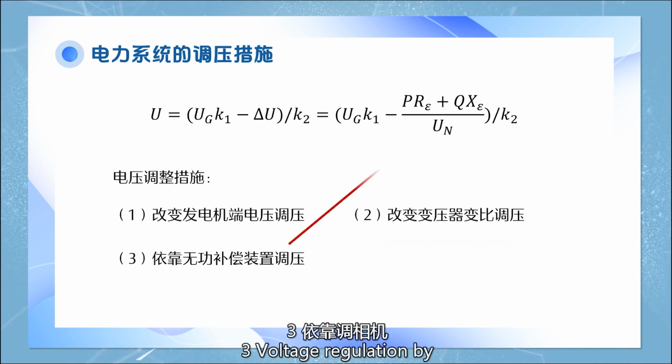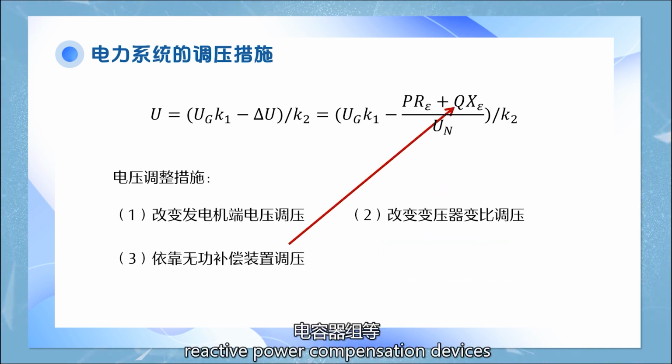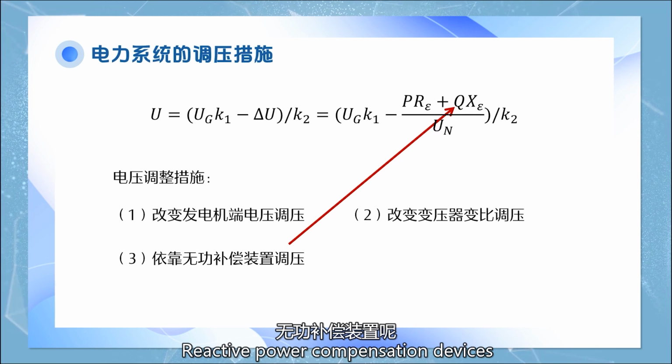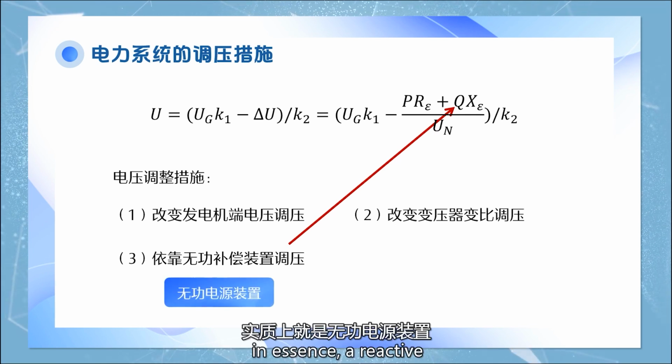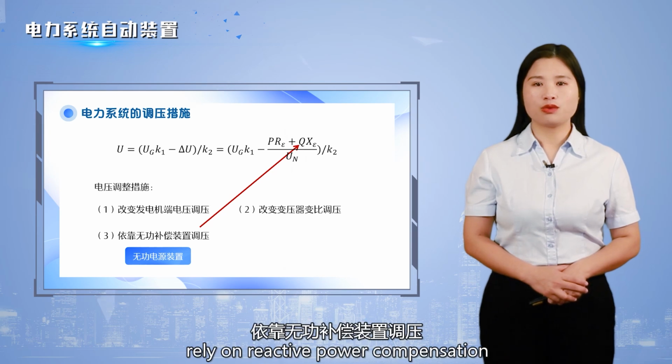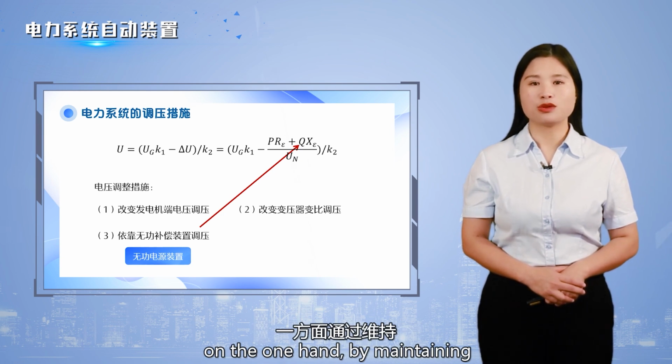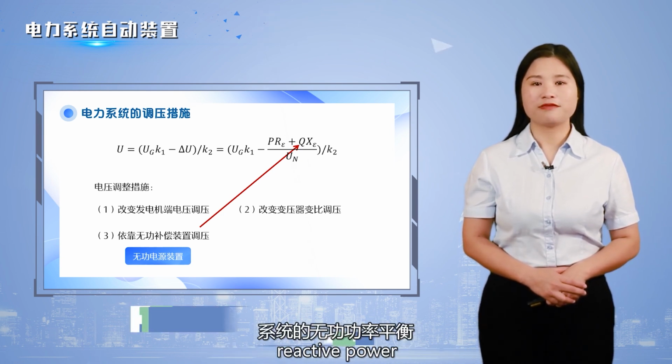3. Voltage regulation by reactive power compensation devices, such as condensers and capacitor banks. Reactive power compensation devices are, in a sense, reactive power supply devices. Relying on them to regulate voltage, on the one hand, maintains the system voltage level by maintaining the balance of the system's reactive power.